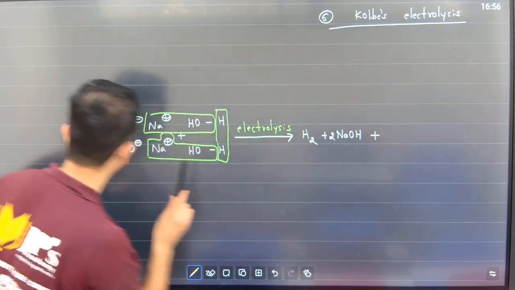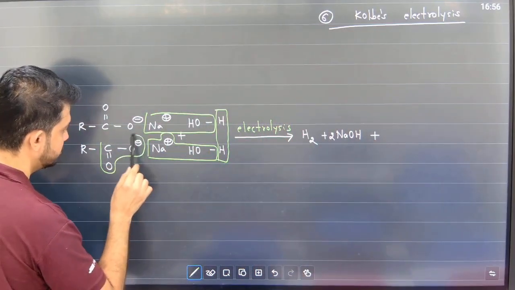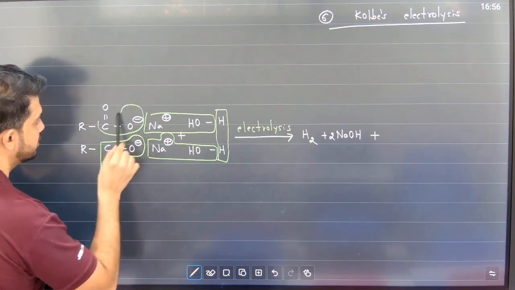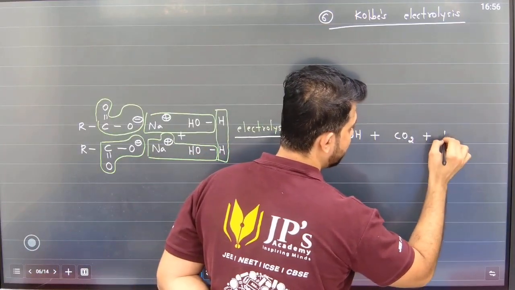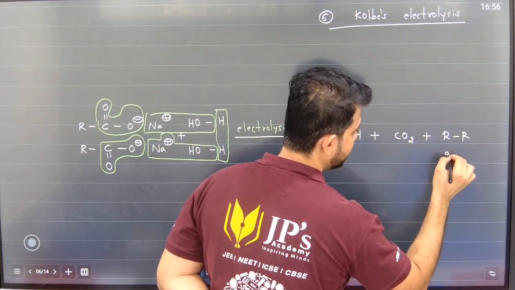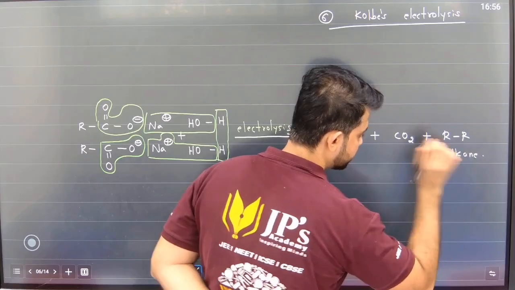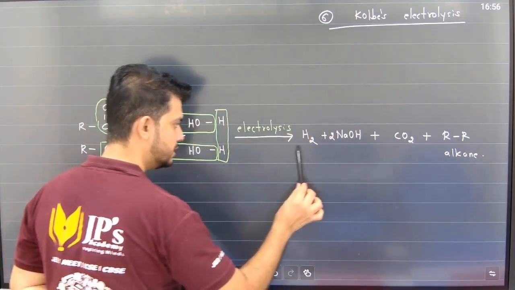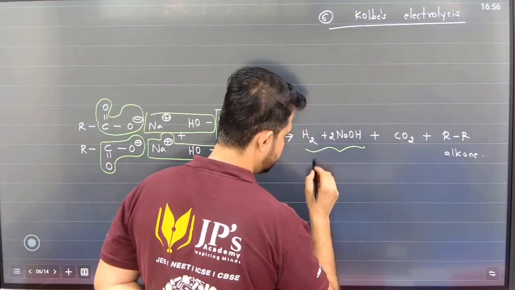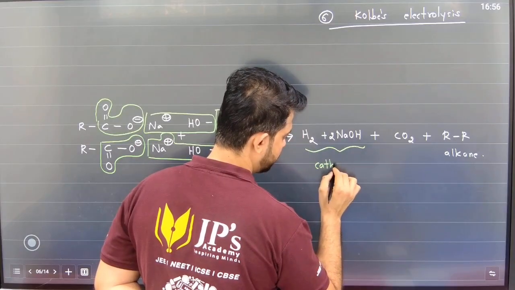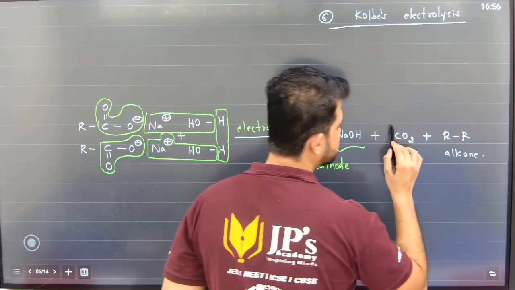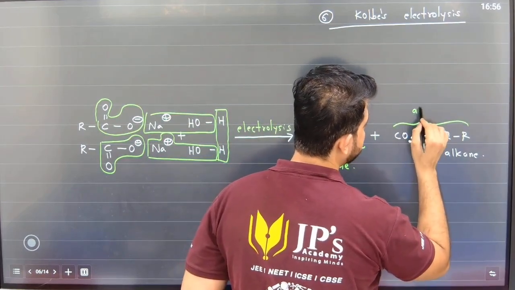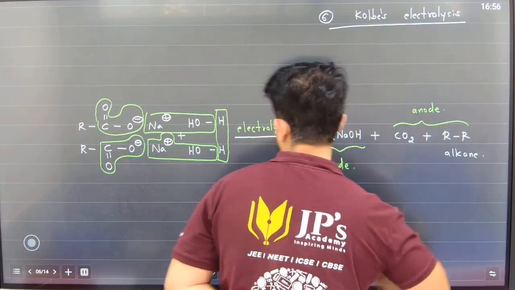Then we have CO2 and a higher alkane, we get an alkane. Now students, this part is obtained at the cathode. H2 gas is actually obtained at the cathode, and we can say this part is the part that we get at the anode.